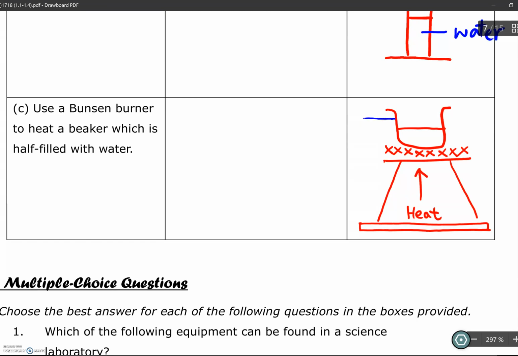And you have to have your labels: beaker, the water, wire gauze, tripod, heat-proof mat.